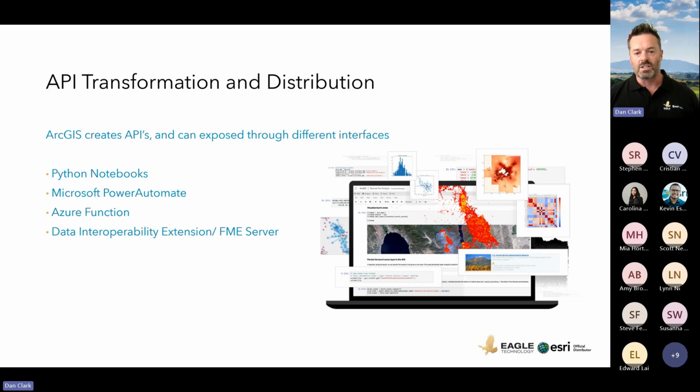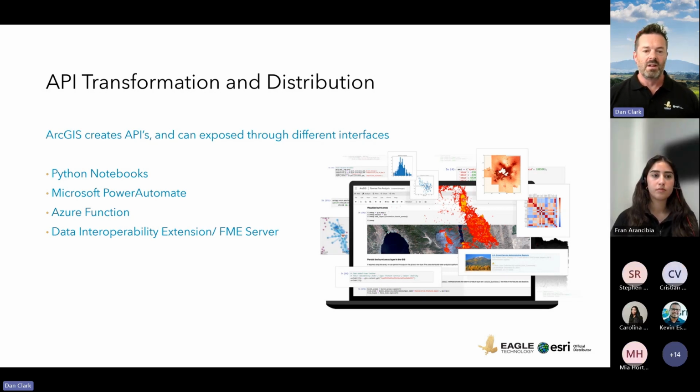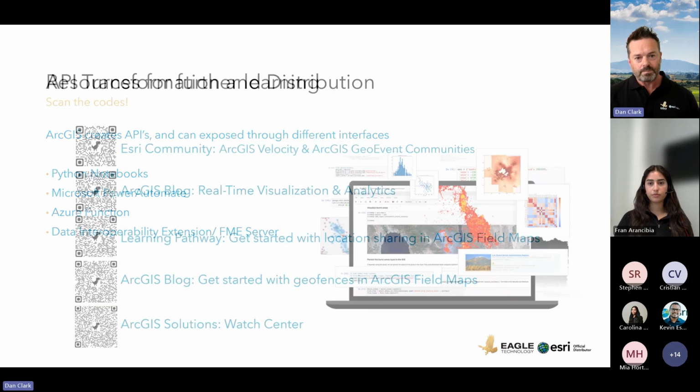Also, things like Azure Functions that allow ArcGIS capabilities to be extended into serverless cloud environments. And additionally, there's the Data Interoperability extension, or FME Server, that supports advanced data transformation and seamless integration between ArcGIS and diverse data sources. This can facilitate some quite complex data workflows. So these interfaces allow users to streamline geospatial operations across different platforms and systems.